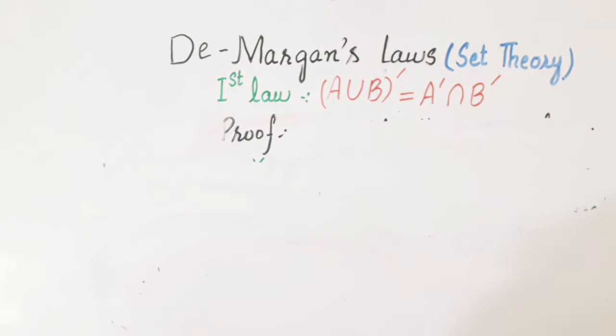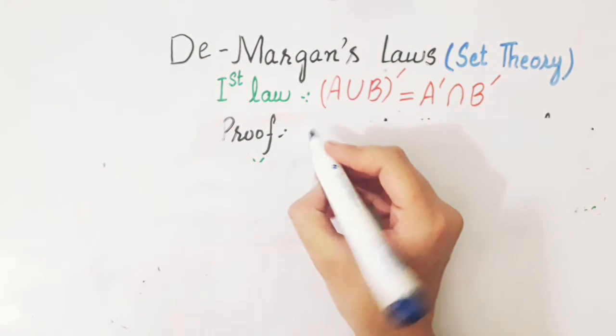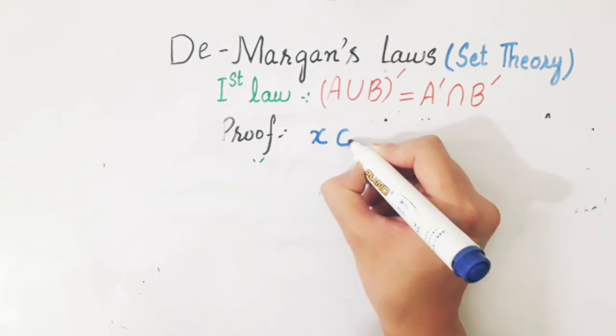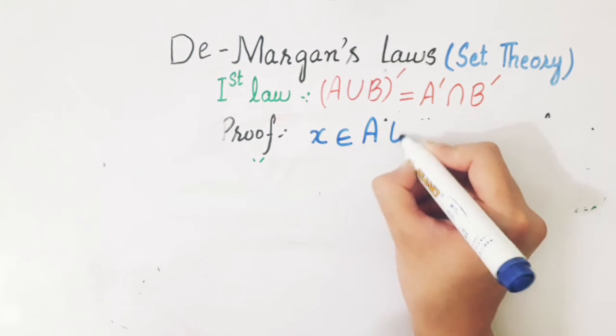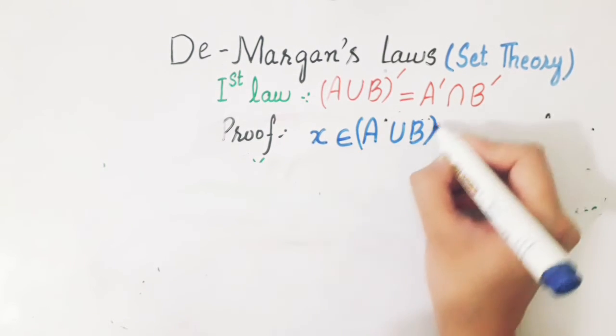Now assume that x belongs to (A union B) whole complement.